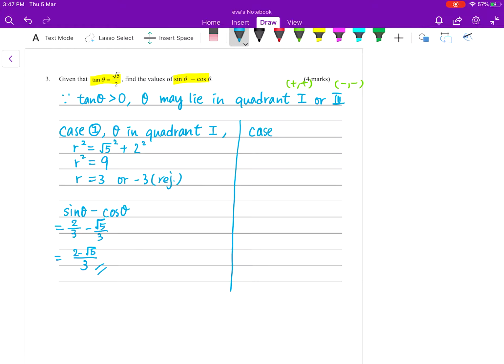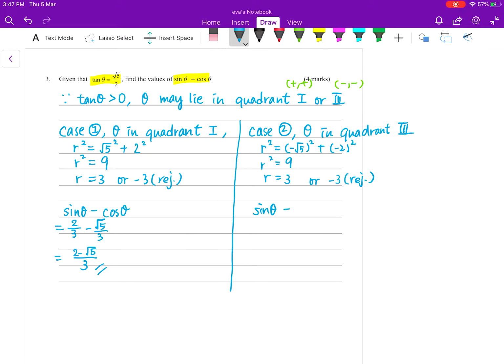Case 2: theta in quadrant 3. That means x and y are both negative. r square equals negative square root 5 square plus negative 2 square, so r square equals 9. r equals 3 or negative 3. As r is only a positive number, reject the negative value.